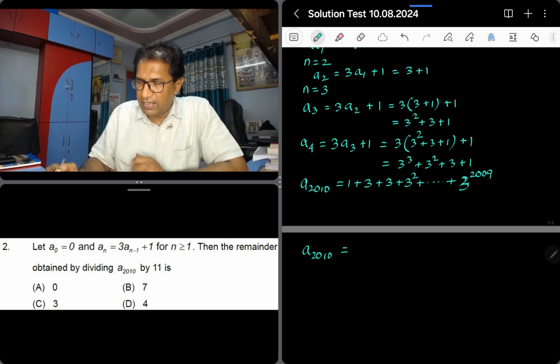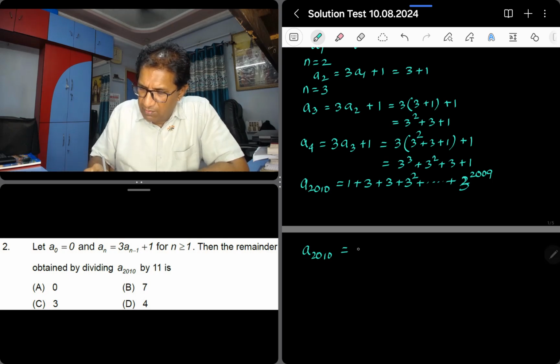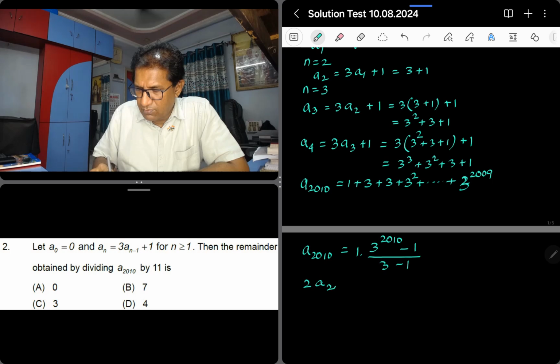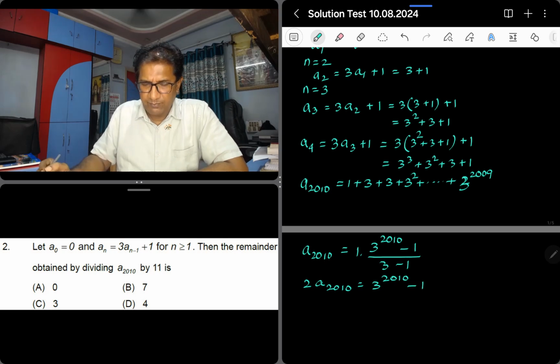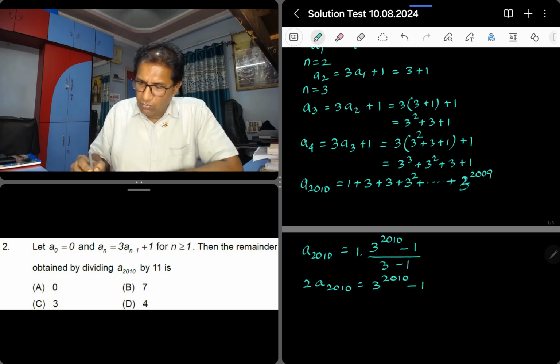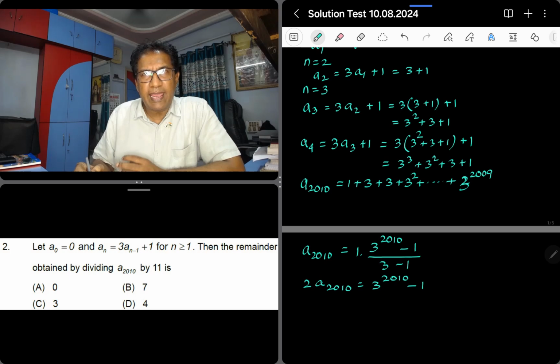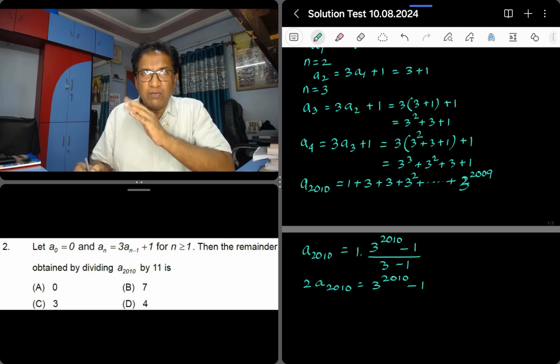Total number of terms are 2010. So the sum will be, so we are having 2 times A 2010 is 3 to the power 2010 minus 1, right? Now, the question is when A2010 is divided by 11, what is the remainder?